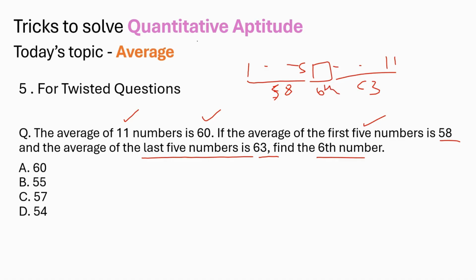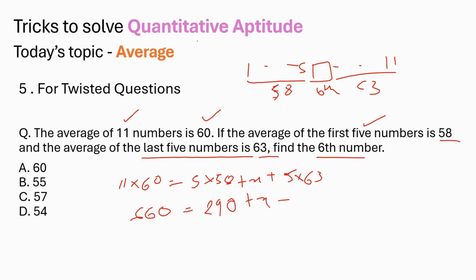So 11 into 60 equals 5 into 58 plus the sixth number x plus 5 into 63. Let's solve this: 660 equals 290 plus x plus 315, and if we solve this, x equals 55. So option number B is the right answer.